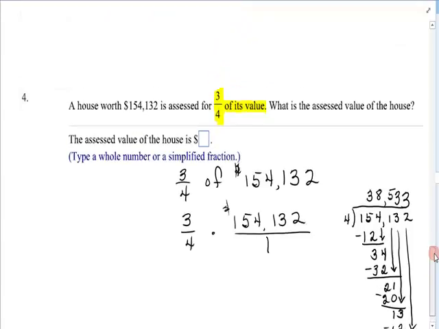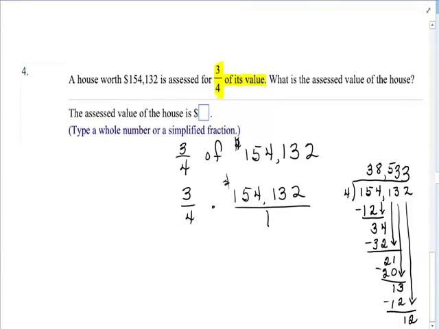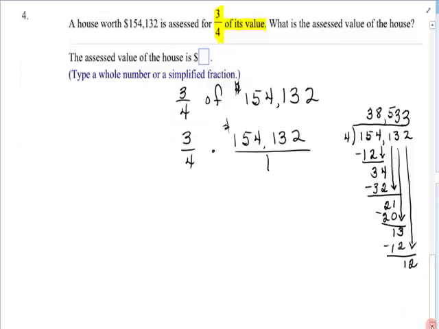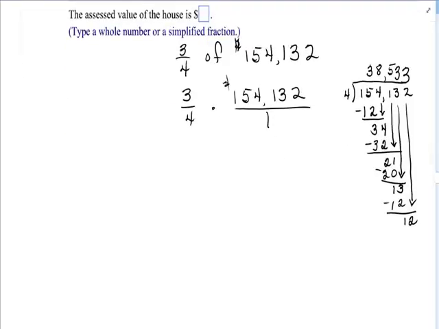So this was a good bit of work, and I have the following. 4 goes into itself once, and 4 goes into this large number, 38,533. Don't stop there. That's not your answer. That was just the reducing. There's nothing else to reduce.